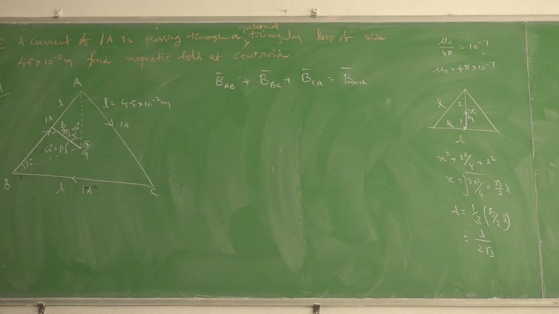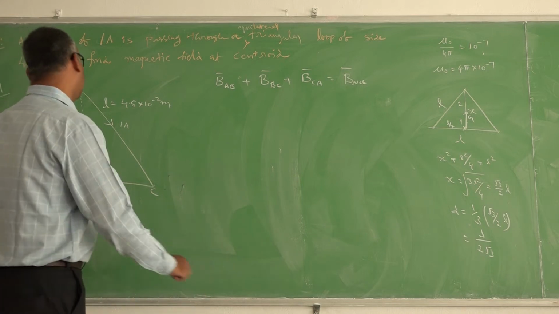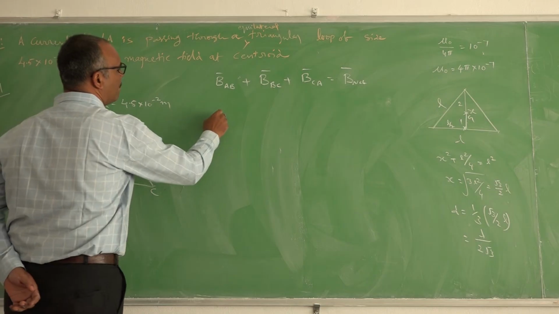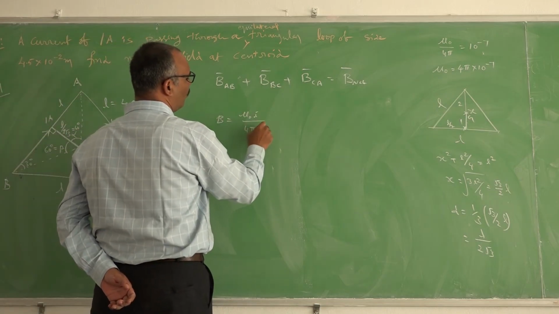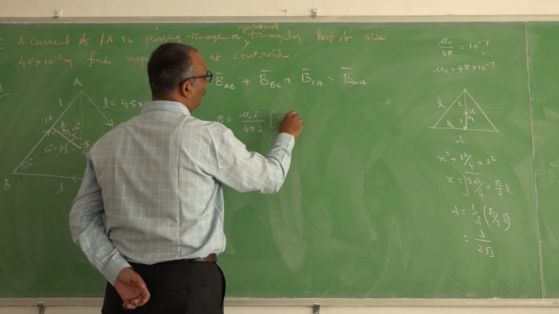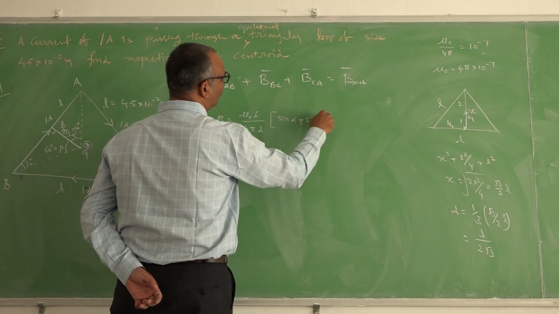Now, the magnetic field due to a straight wire is given by mu naught I by 4 pi d into (sin alpha plus sin beta).